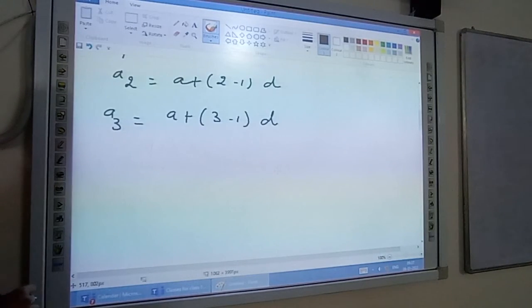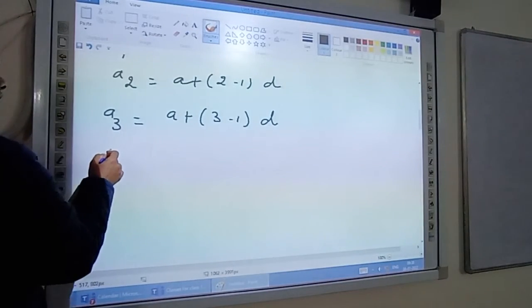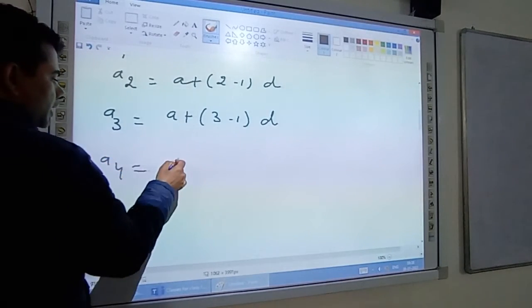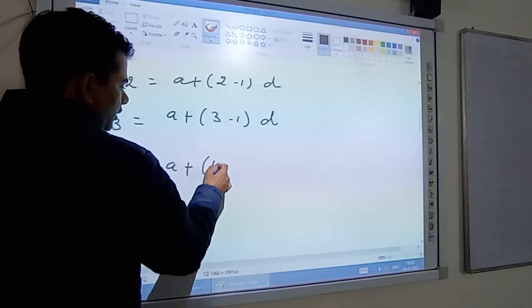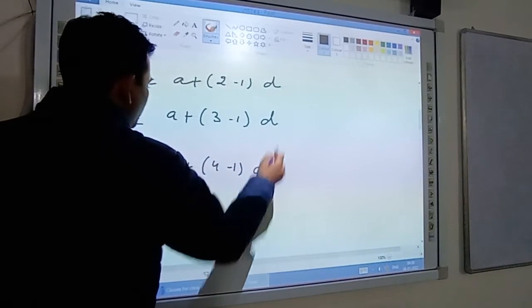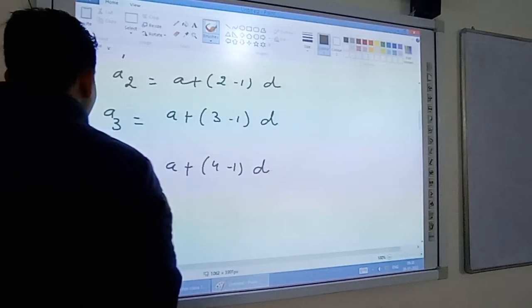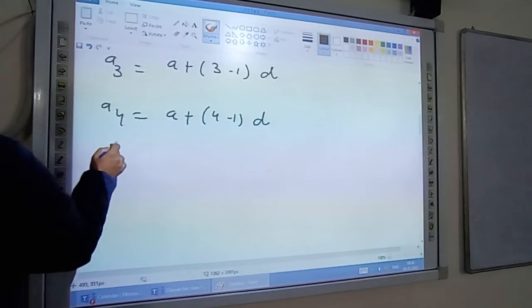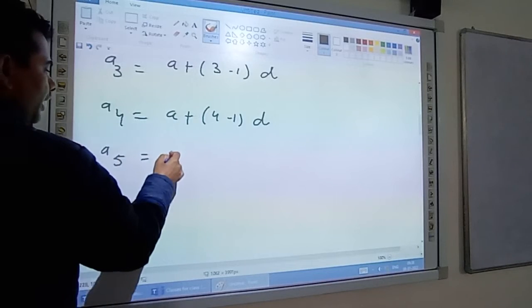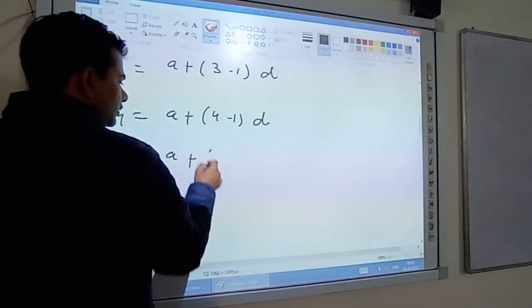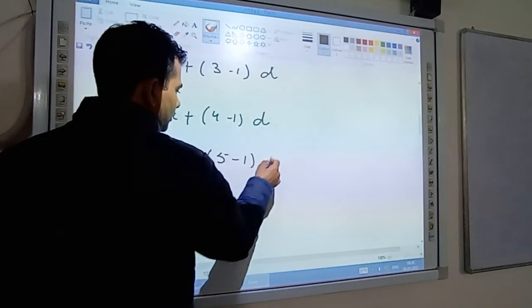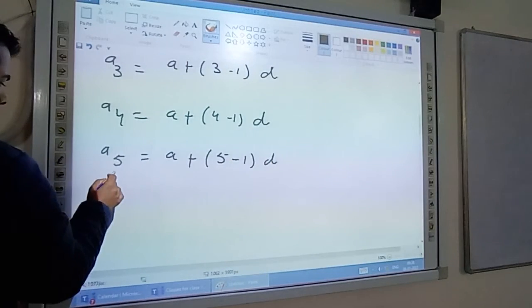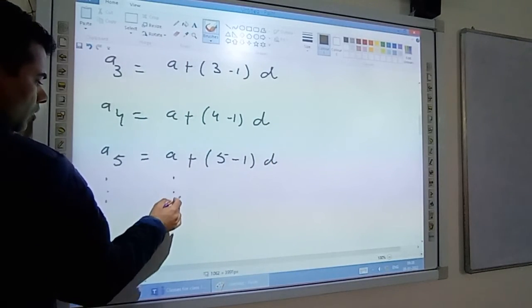A4 can be represented as A plus 4 minus 1 into D. A5 can be represented as A plus 5 minus 1 into D, and so on.